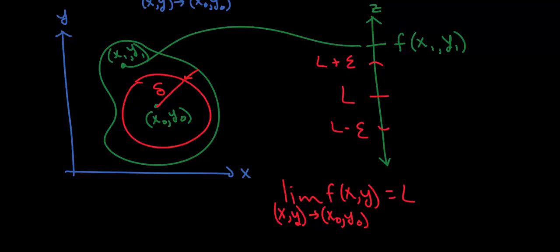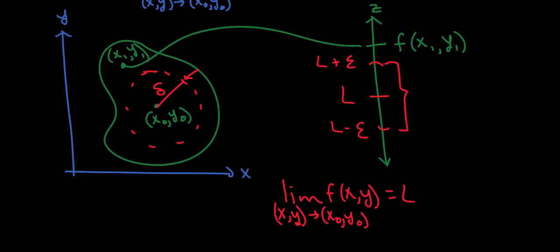Actually, when we write out the definition, it's going to be like a broken neighborhood. But anyway, that's not so important right now. So we're saying that if I pick any point in this delta neighborhood, it's going to give me a function output in this epsilon neighborhood.